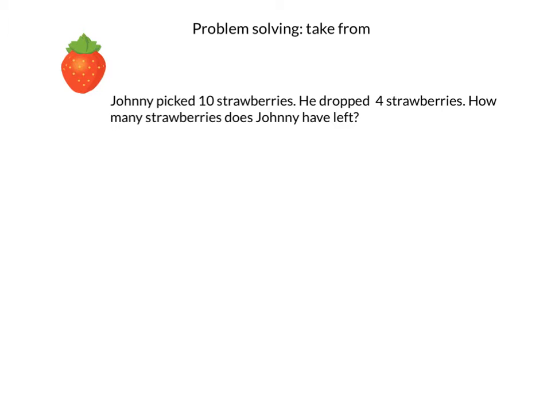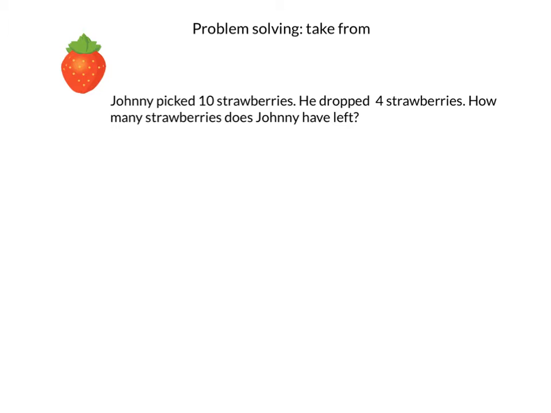So Johnny picked 10 strawberries. He dropped 4 strawberries. How many strawberries does Johnny have left? So we've got some strawberries up here, and we can also draw a picture. We can use any of the strategies that we have learned so far.